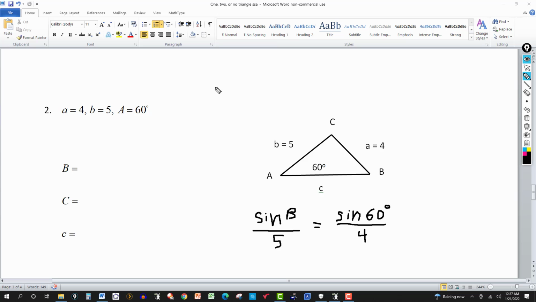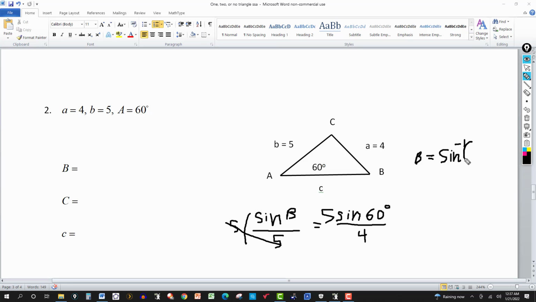So I can do this, and I can say I'm going to multiply both sides by 5 here. So those would cancel here, and that puts the 5 over here. So then if I take the sine inverse of both sides, on the left side I'll have B by itself. So B then should equal sine inverse. So taking the sine inverse of both sides, on the left side, I'm left with just B. That's after multiplying by 5.